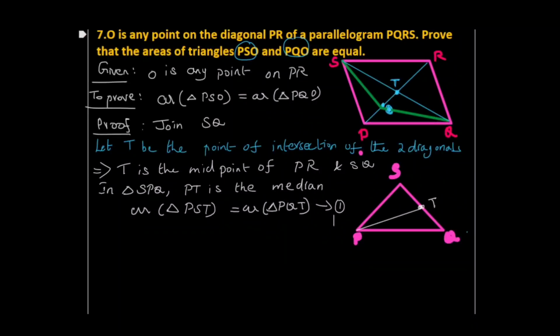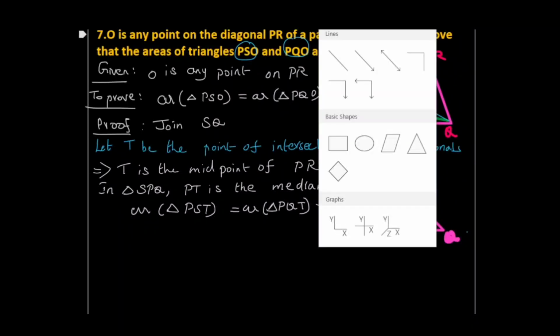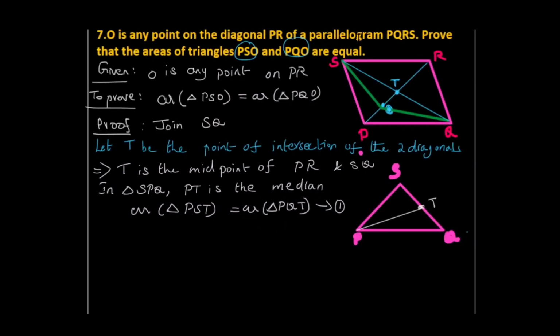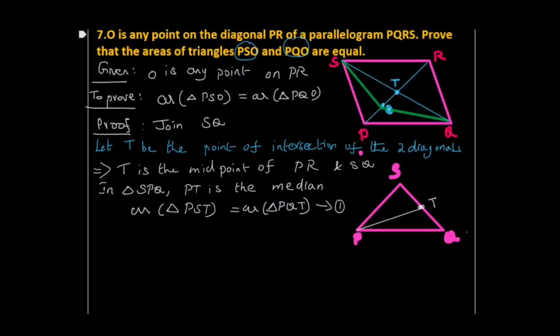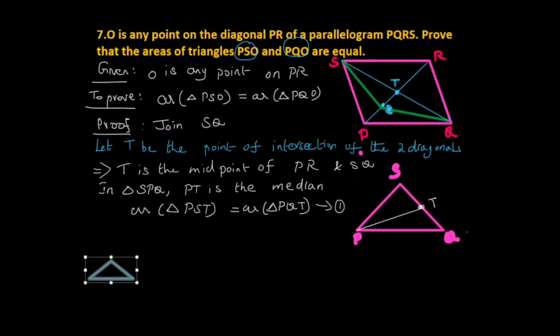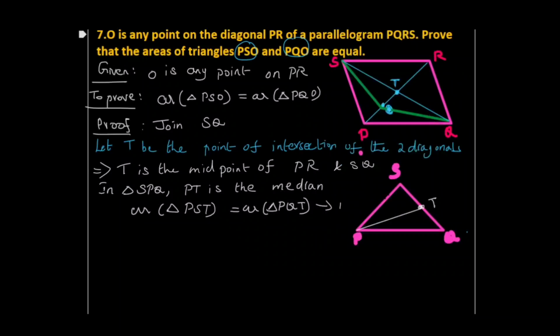Now consider the next triangle with O. With O we can get another triangle. So take another triangle, see. This is our next triangle. So I am going to take that as a small triangle.